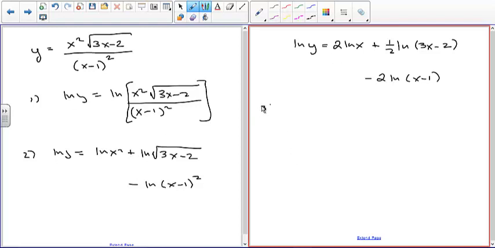Okay, step number 3 is to take the derivative. So the derivative of the left-hand side is 1 over y times y prime. The derivative of the natural log of x is 1 over x. The derivative of 1/2 times the natural log of 3x minus 2 is 1 over 3x minus 2 times the derivative of this, which is 3. And then I have a last term, which is negative 2 times 1 over x minus 1 times the derivative of this, but that's just 1.